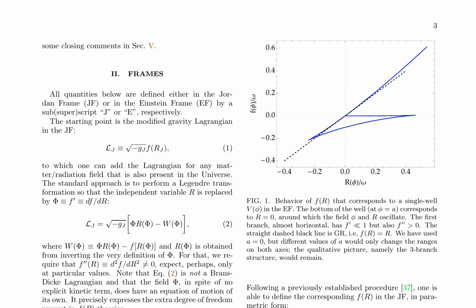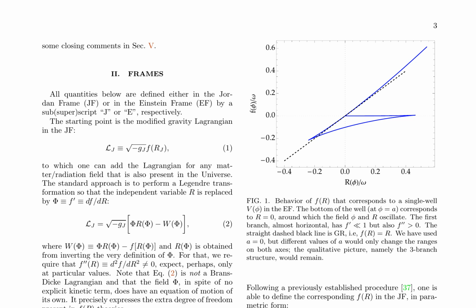A Legendre transformation is performed to replace the independent variable R with φ ≡ F ≡ dF/dR, resulting in the Lagrangian L_J = √(-g_J) [φR − W(φ)], where W(φ) ≡ φR(φ) − F(R(φ)). This transformation allows for the introduction of a new scalar field, φ, which is related to the original function, F(R).